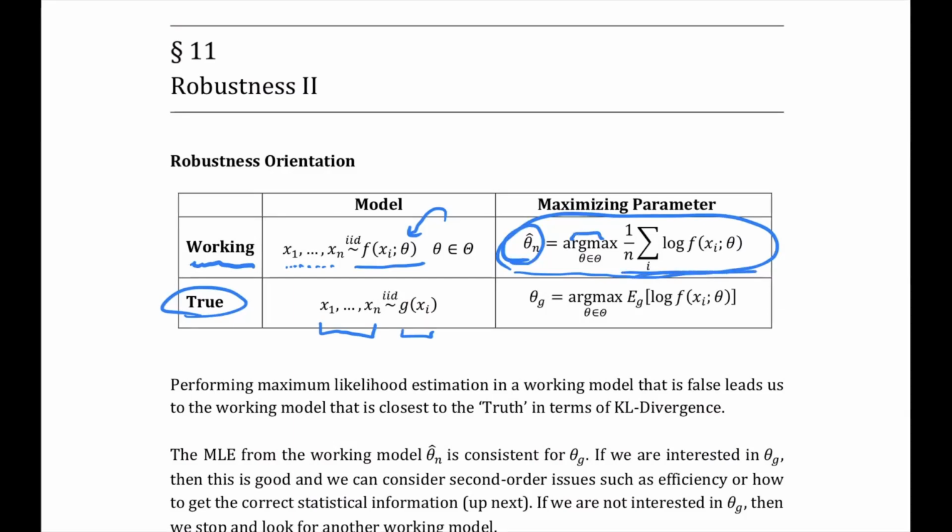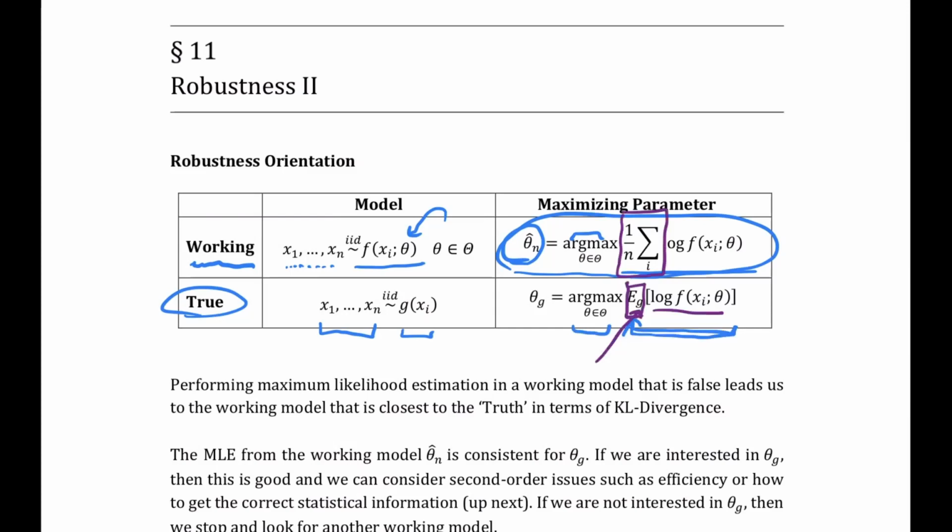What I'll get in the limit, what this thing converges to, what I end up with if I have lots and lots of data, is the parameter that maximizes the expected log likelihood. That's the key. The basic idea is that you're taking the average log likelihood in the sample, and so then you end up taking the average log likelihood in the population, and you're taking the log of the working likelihood, but you're doing it when the model is wrong, right? You're doing it under the true model.